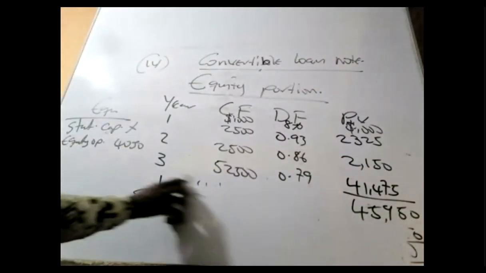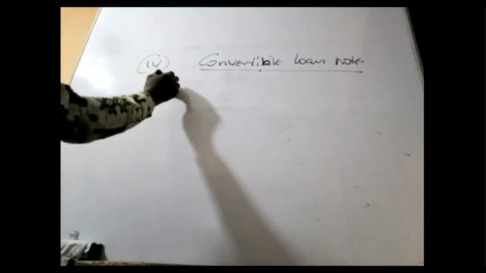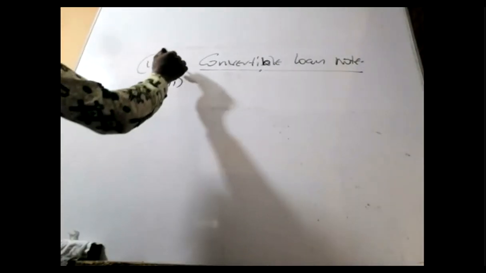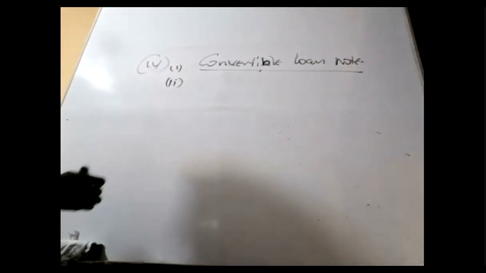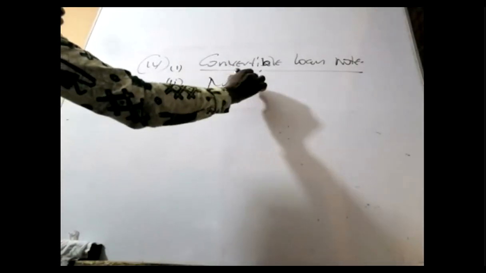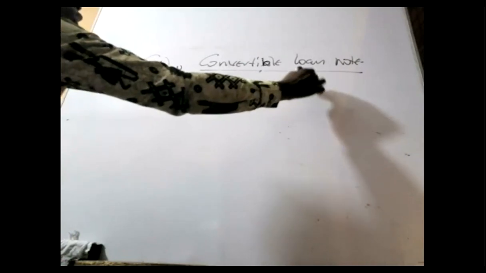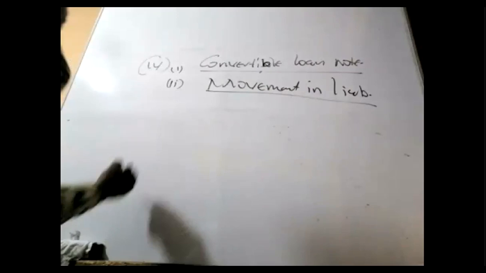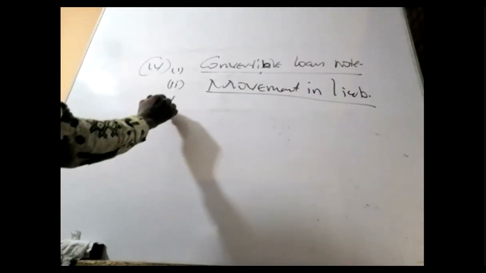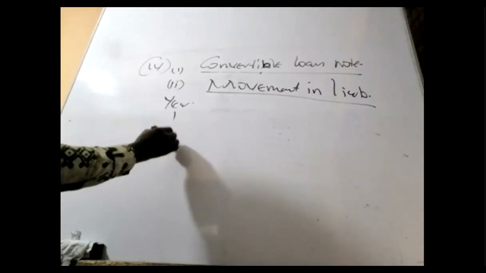Liability is 45,950. Calculate what you call workings number 2, the movement in liability. Still under this, the second section, third examiner, movement in liability. I start with year 1, year 2, year 3.